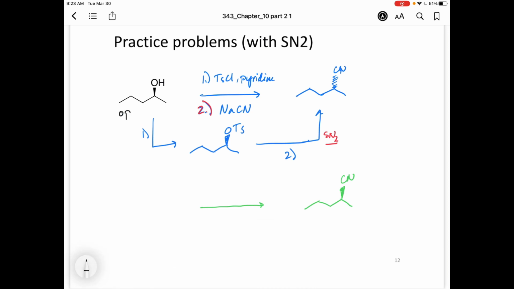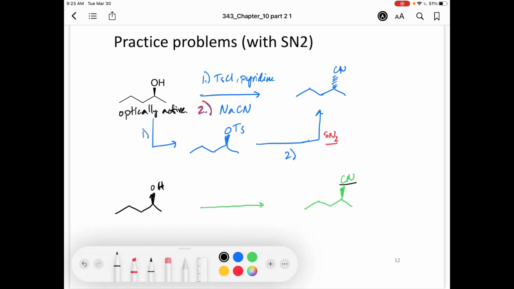Again, we're going to start with this optically active alcohol. Well, we did learn a leaving group that would flip this. So if we start with this optically active alcohol, in order to get this nucleophile on the same side, we're going to need to switch our leaving group. We're going to need to first make it go back.